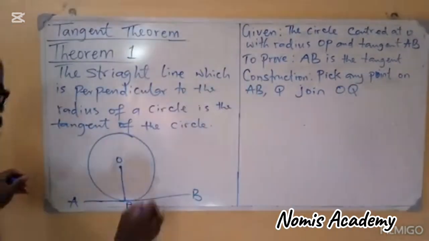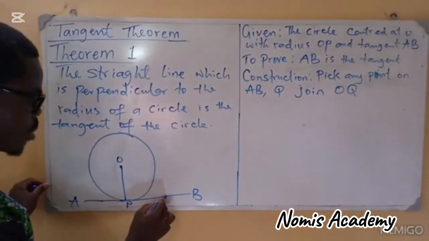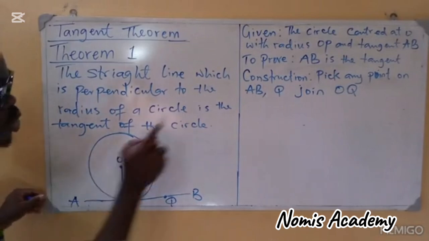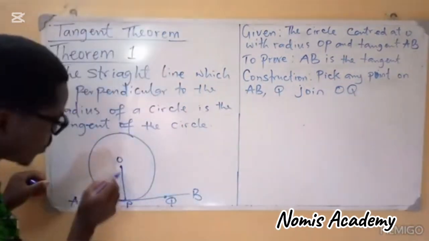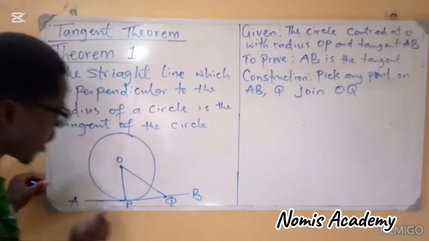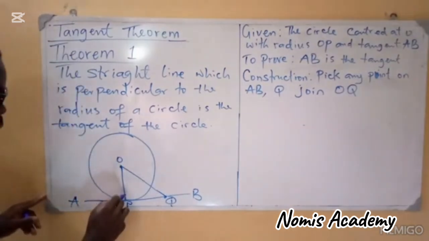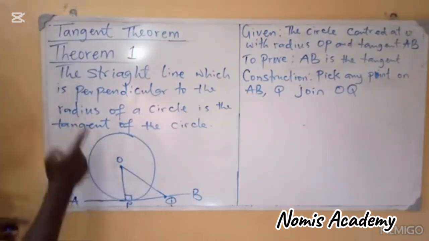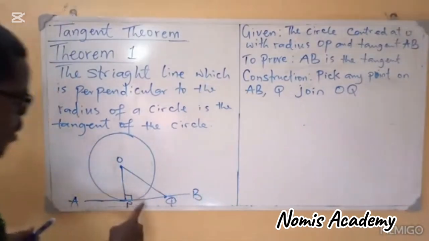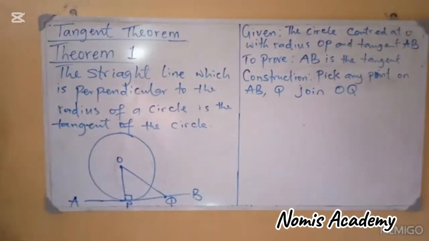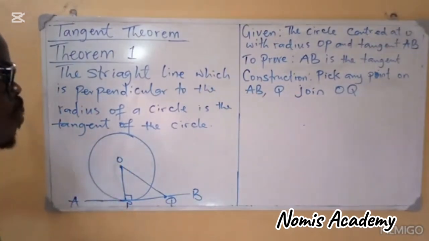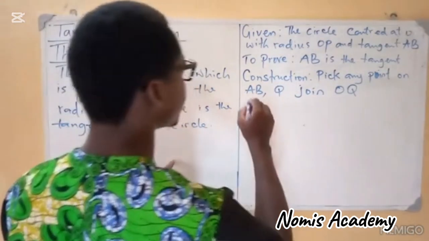So let's just pick a point here and call it Q, and then we join OQ. You remember this line is perpendicular to the radius, and according to our theorem, a line which is perpendicular to the radius of a cycle is said to be the tangent of a cycle. Alright, so let's continue with the proof.